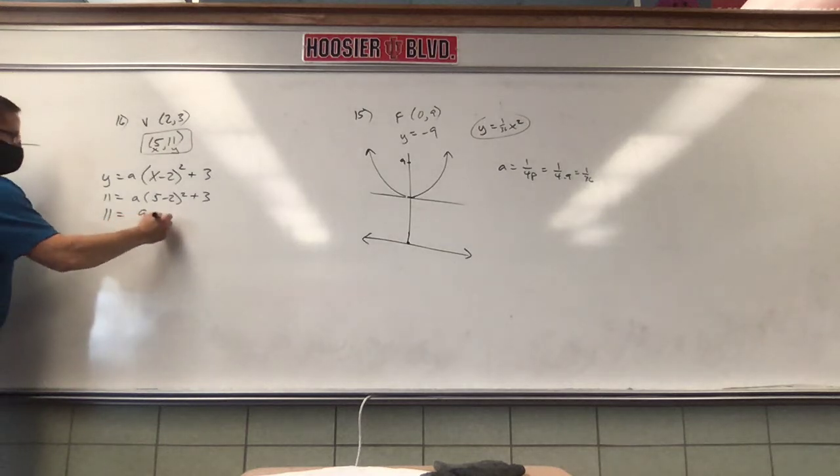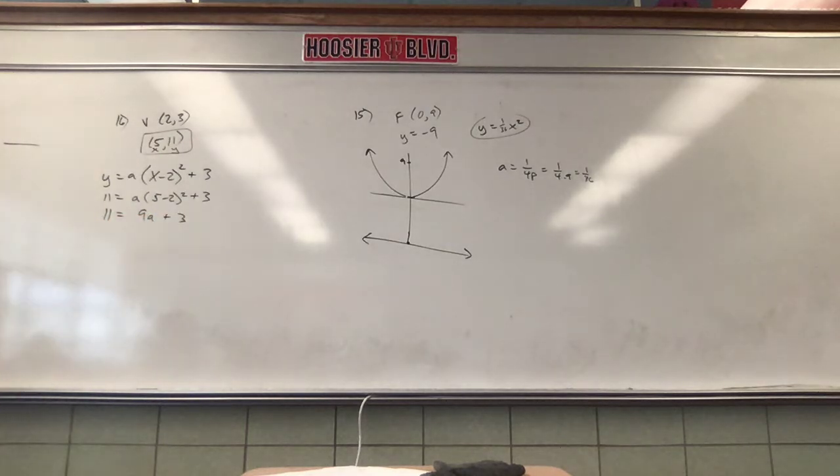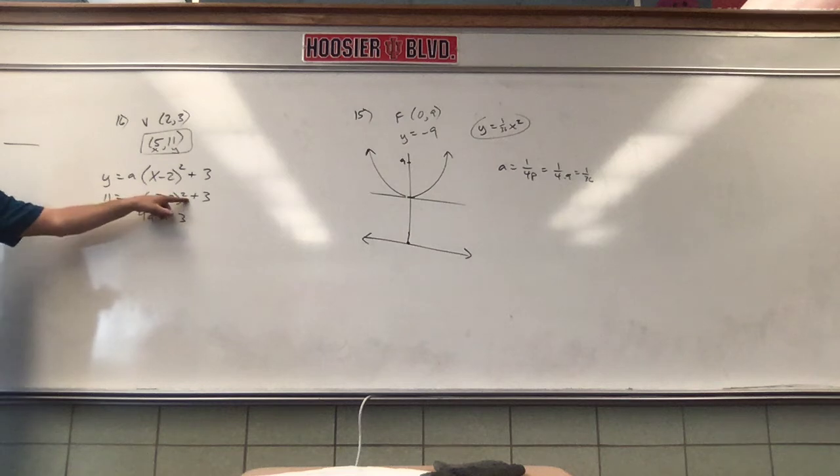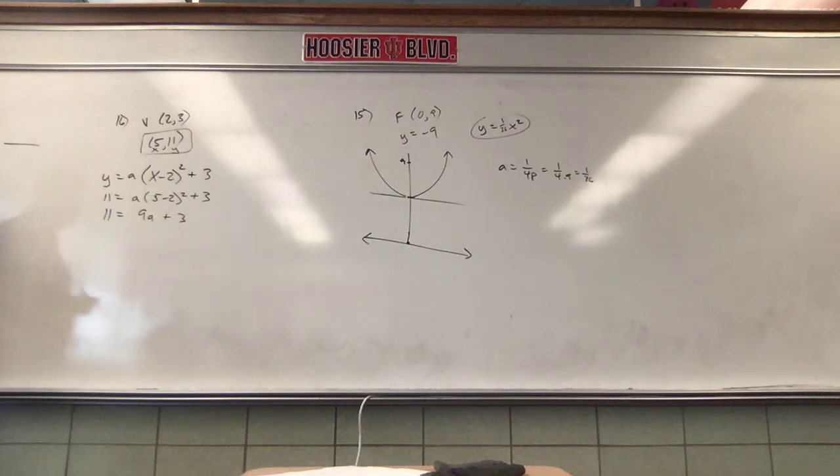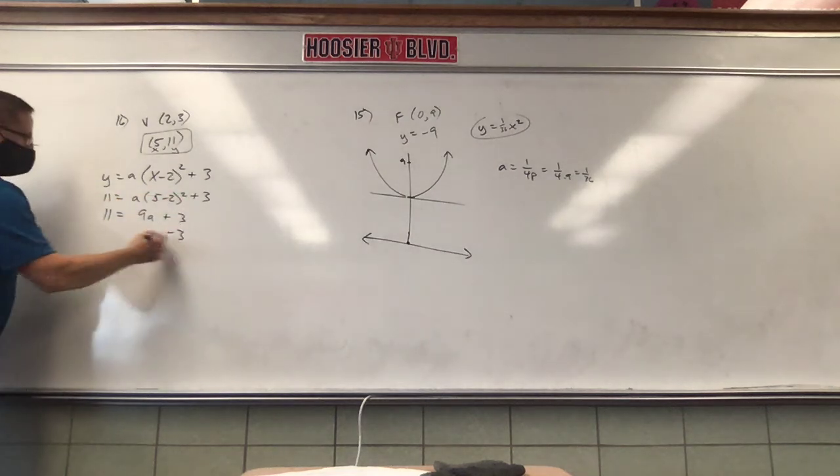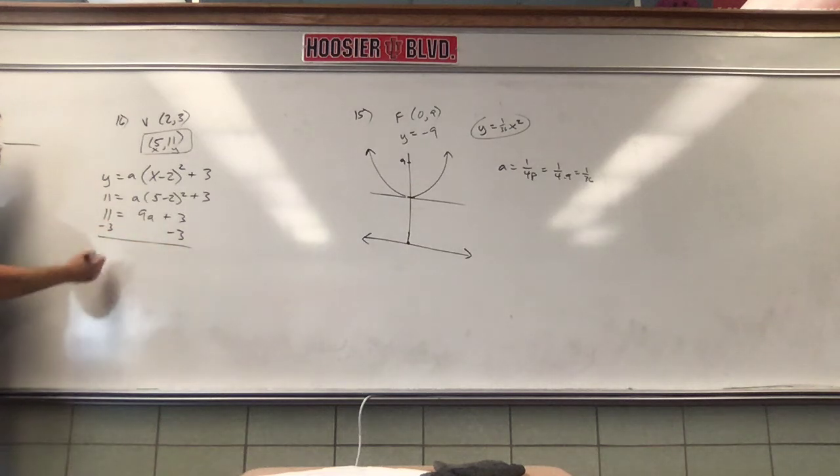I'm going to write 9a. Where the heck did 9 come from? 5 minus 2 squared. 5 minus 2 is 3, then squared, and that's 9. And a times 9 is 9a. So minus 3, 5 minus 3 is 8. This is 9a.